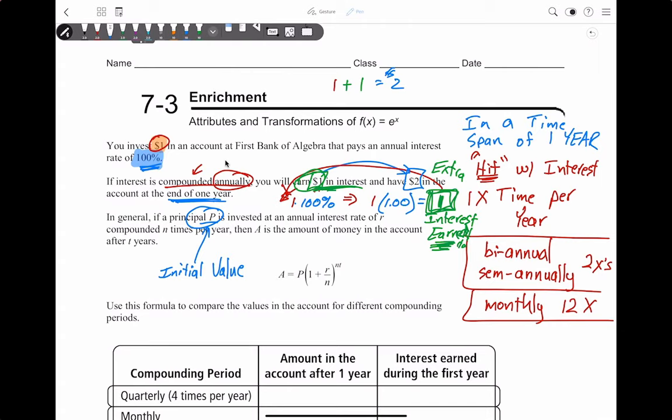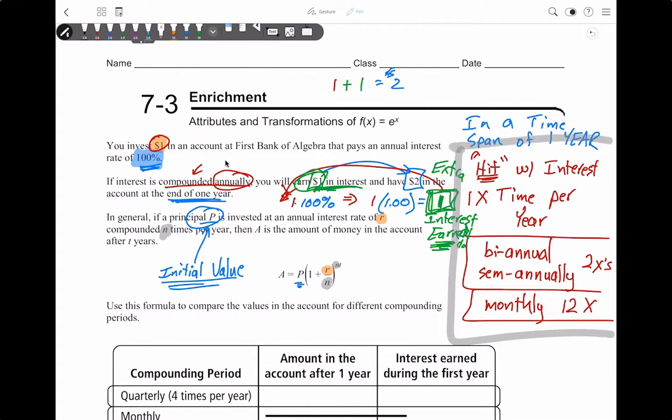That's what this interpretation for P is talking about with exponential functions. So P is invested at an annual interest rate of r. So your interest rate is however much percent it is, it goes right there in the equation. And it's compounded n times per year. So that would be here and up there. So again, that n is over here that I was talking about from before.